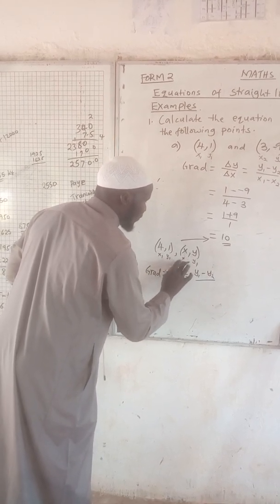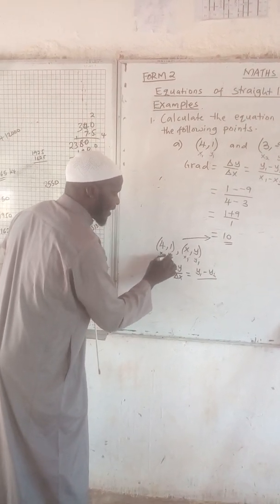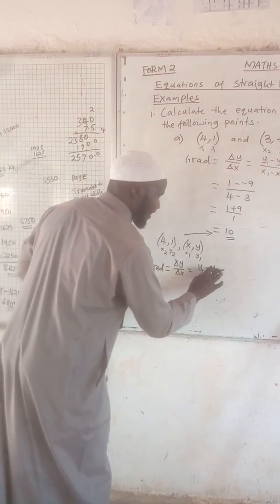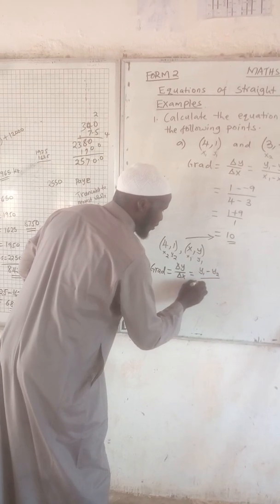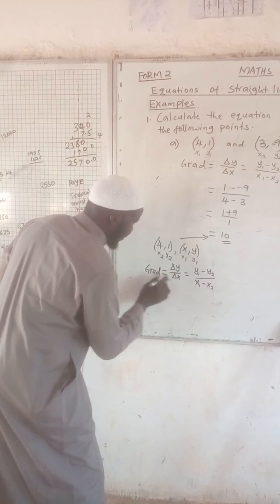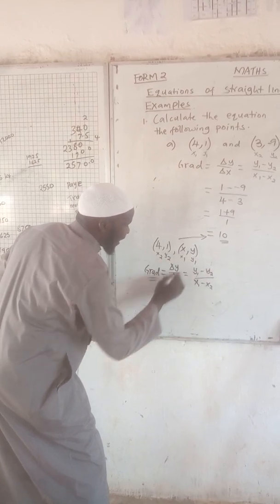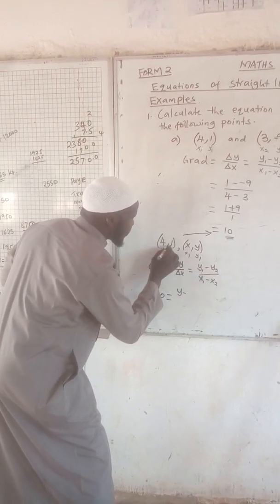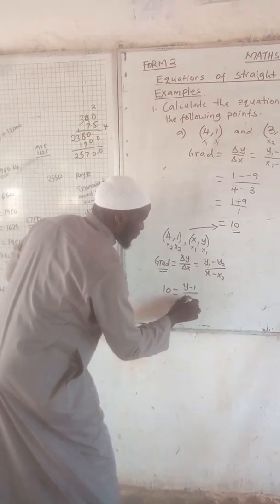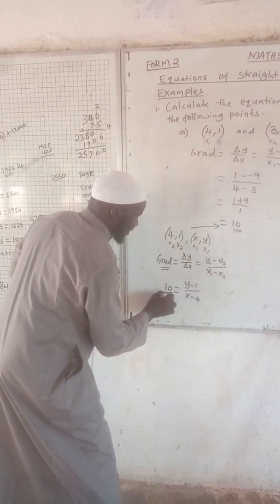For it to be simple, you can start with the ones with the letters, so that you will not be confused with the negative values. So the gradient is 10, equal to y1 is y minus y2 is 1, over x1 is x minus x2 is 4. So you can say 10 is the same as 10 over 1.